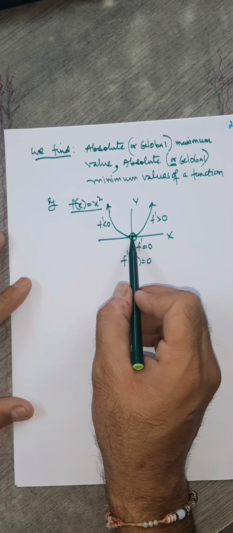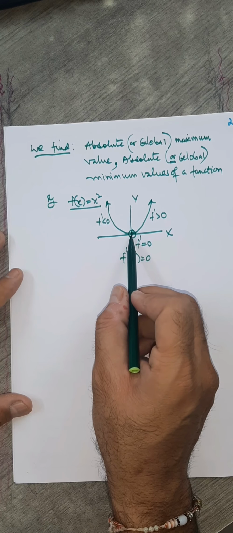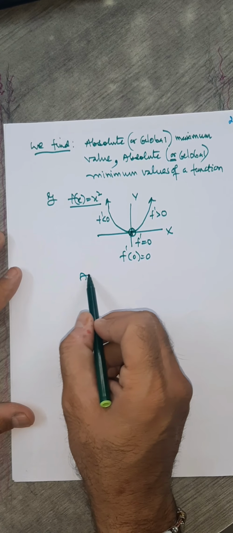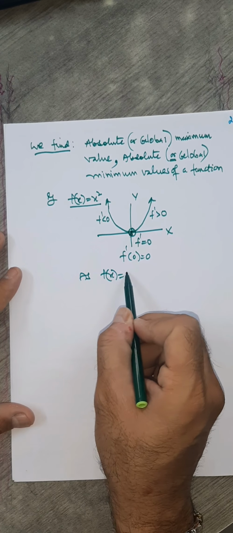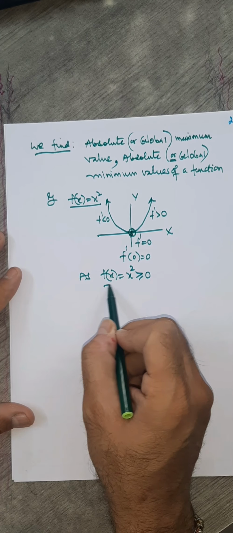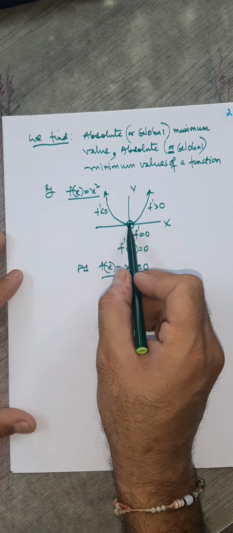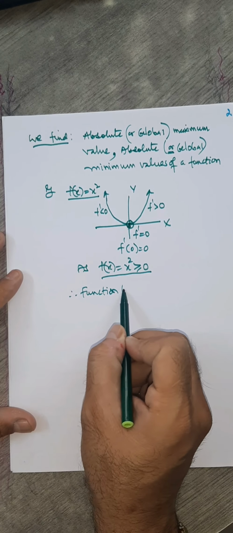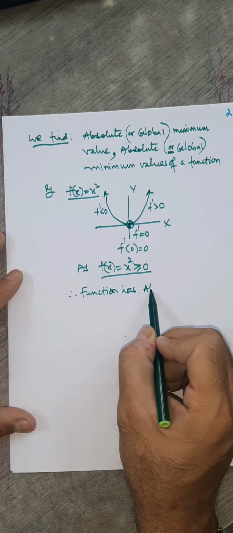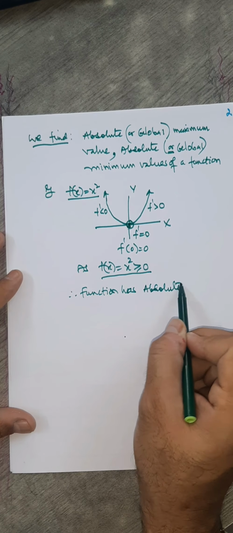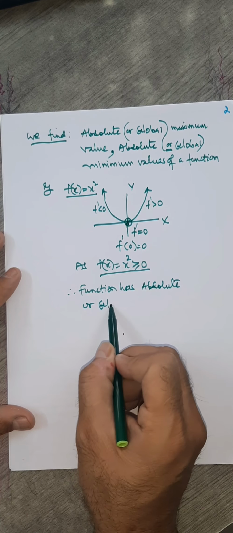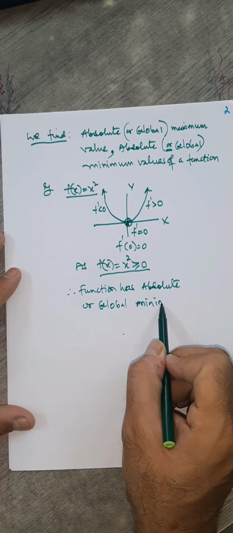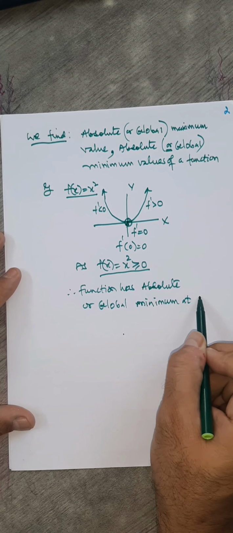So this is a turning point. So as per our terminology, this is a local minimum. Not only that, this is the lowest value attained by the function. You know here f of x equals x squared is always greater than or equal to 0. Right? So not only a local minimum, here you can say that the function has an absolute or global minimum value at 0.